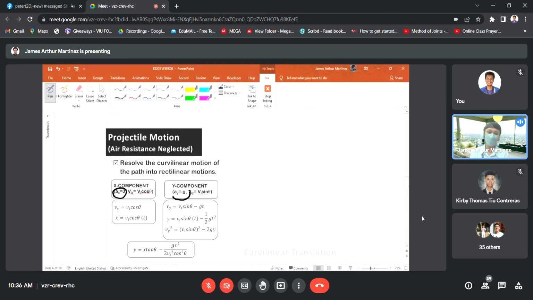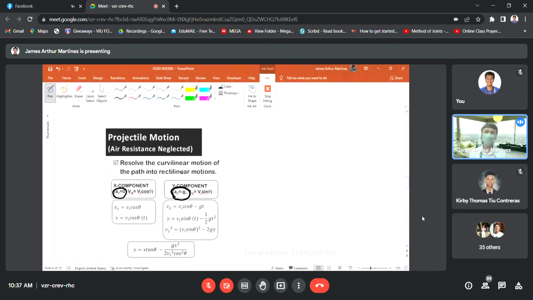And your acceleration in the y component is negative g. Gravity is always constant unless otherwise stated, if a different value for gravity is given. But that is constant, meaning the acceleration on both axes, x and y, is constant.